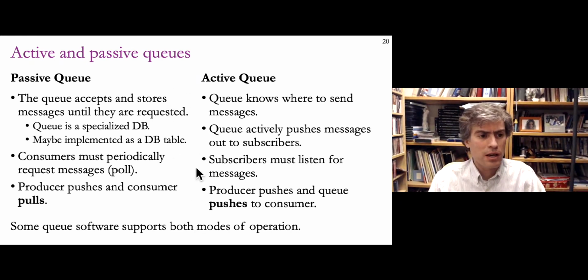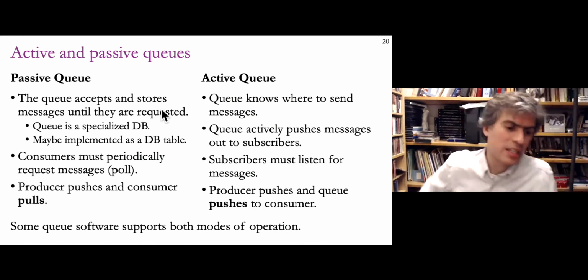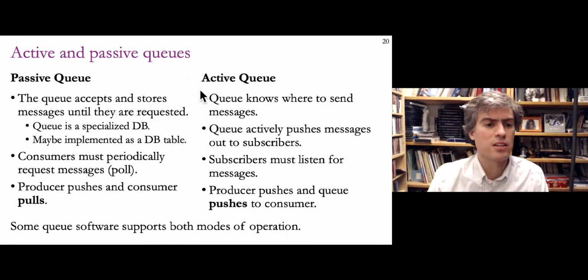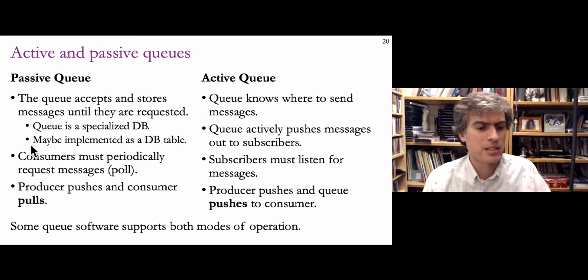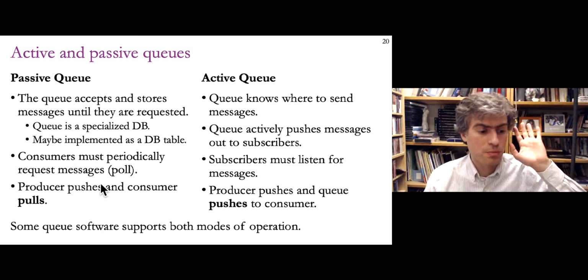This is a pretty simple concept. A passive queue is probably what you would think of by default. This is a queue that accepts messages. This is like the database version. It's just the thing that stores stuff, where producers push to the queue and the consumers pull.